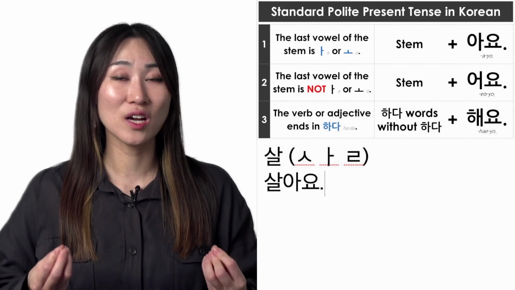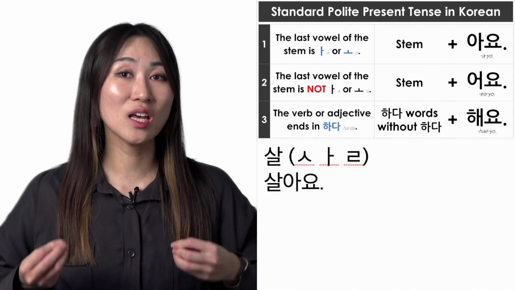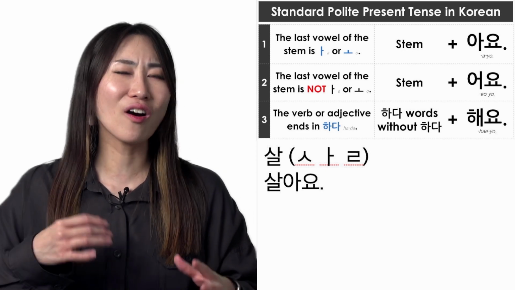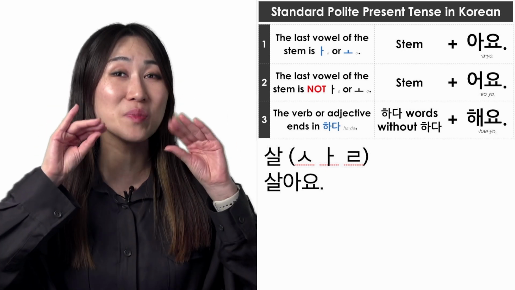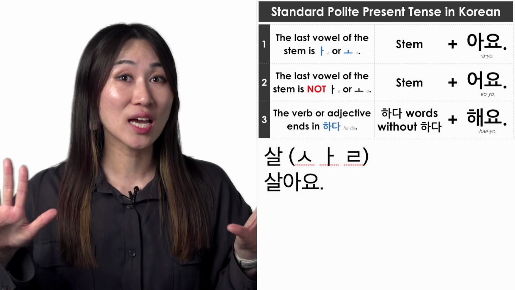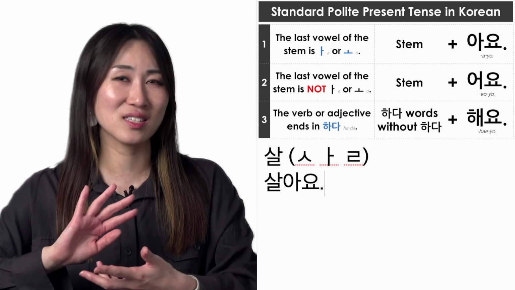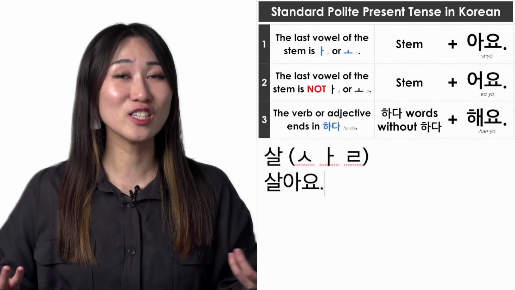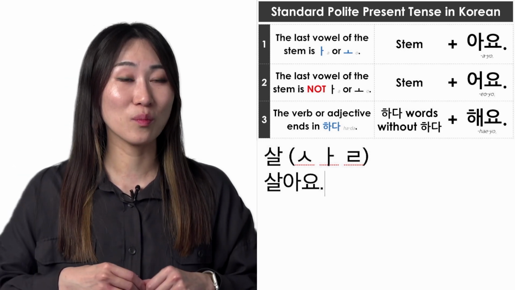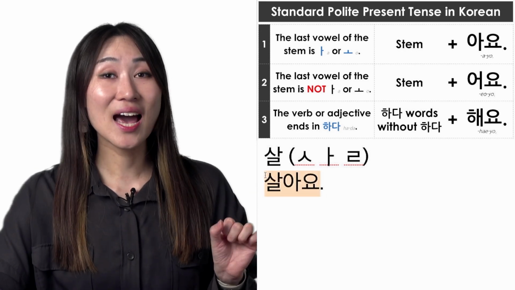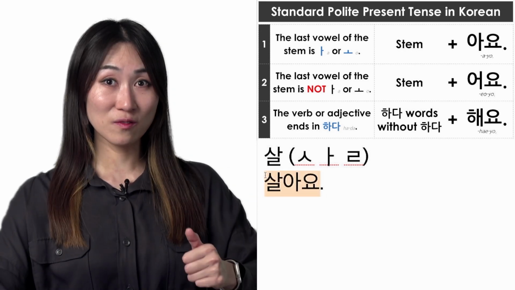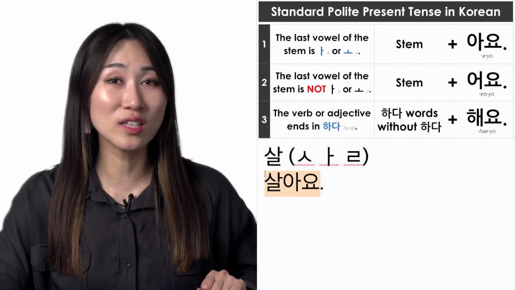It means I live. In Korean, when we speak normally, we don't use the dictionary form. There are some cases where it's used, but it's not a normal case, so I'll skip that explanation. 살아요 means I live, you live, he lives, she lives, we live, they live.